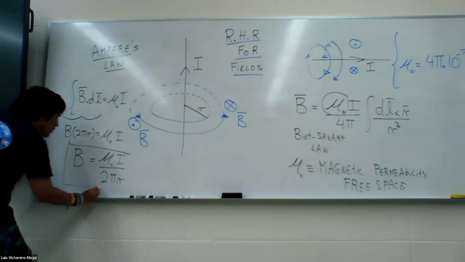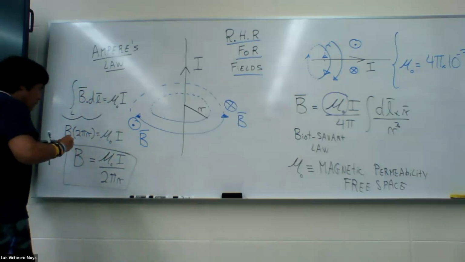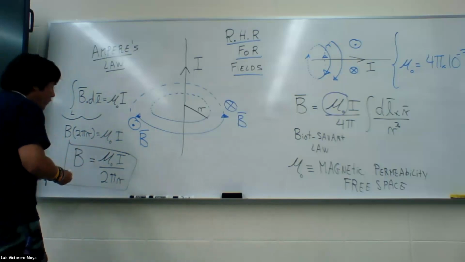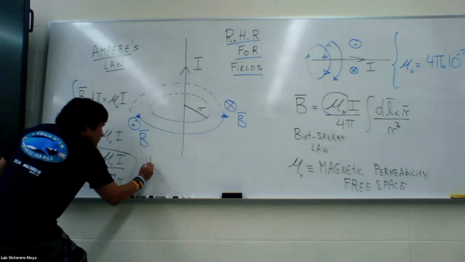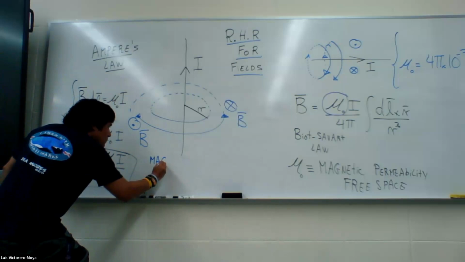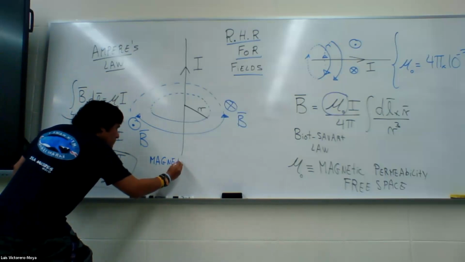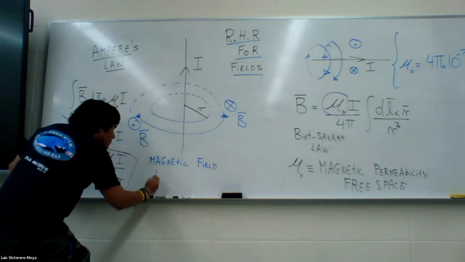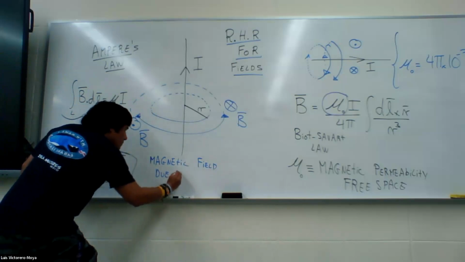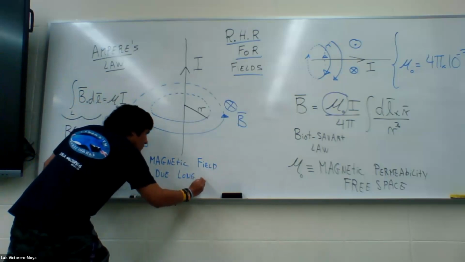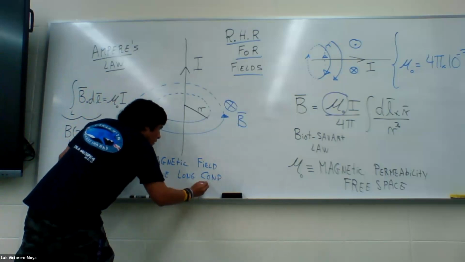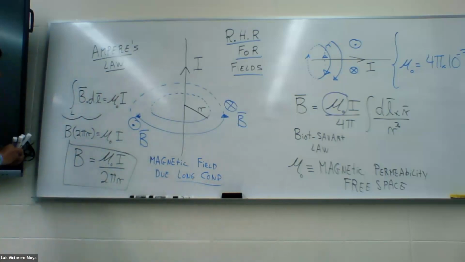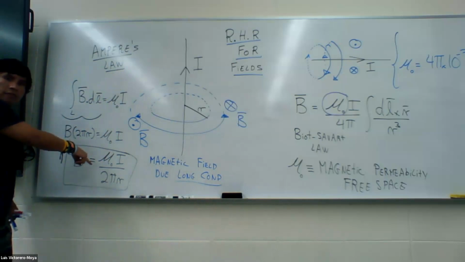That's the equation you need to know. Let's put here: magnetic field due to a long conductor. All right. So that is simplified to this.